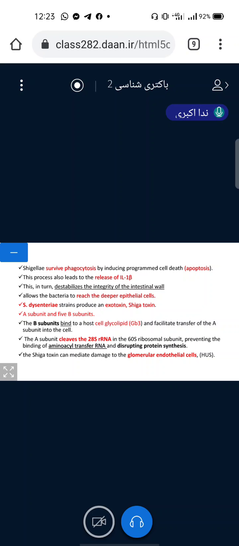But one good point about shigellosis is that it is generally self-limited. What does self-limited mean? It means the disease is controlled by itself, the immune system can control it, and it doesn't need treatment.